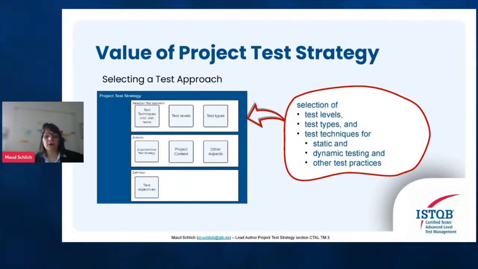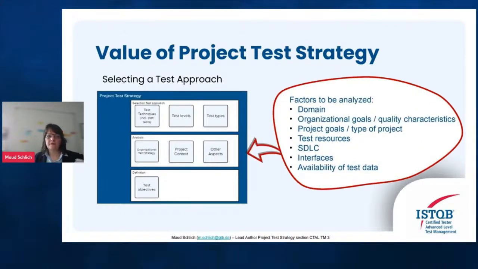To come up with a really good project test strategy, you need to analyze where you are. And where you are is where you are in your organization test strategy goals, your project context, and any other aspect that has an impact on your project test strategy.